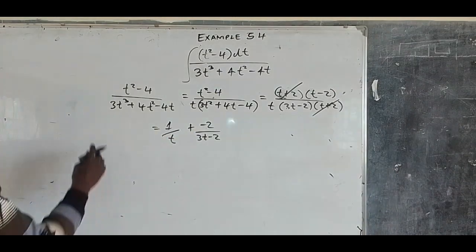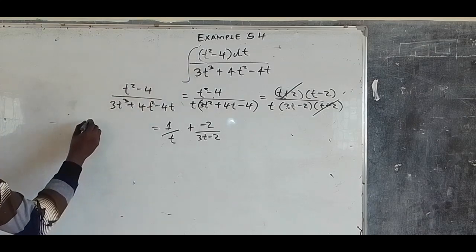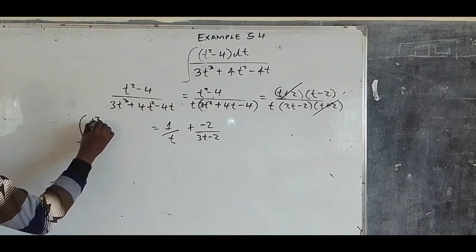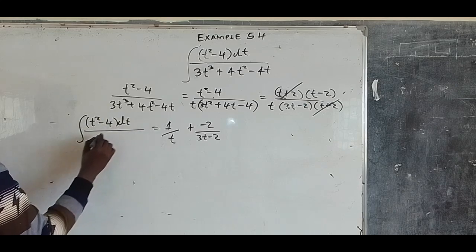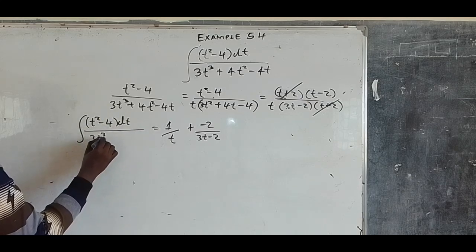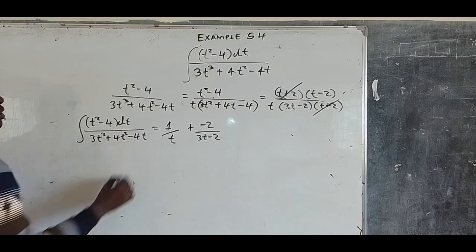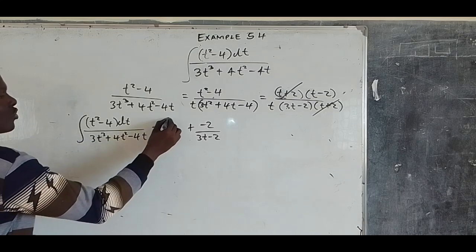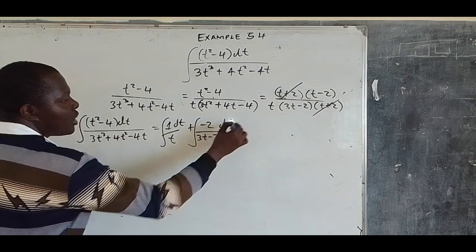So it means when you are evaluating the integral of T squared minus 4 dt over 3t cubed plus 4t squared minus..., you get this, isn't it? So you just introduce an integral in each and every term, dt.